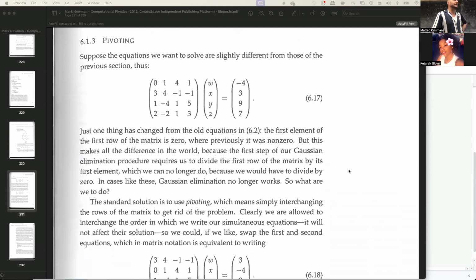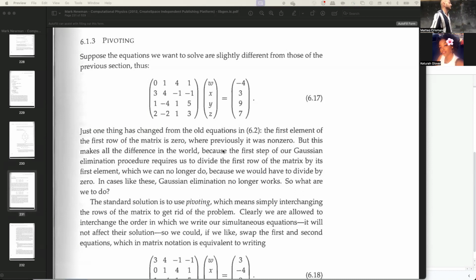So what happened here that's different from the last one? You have a 0 on the diagonal. Very good. Okay. So just one thing changed.